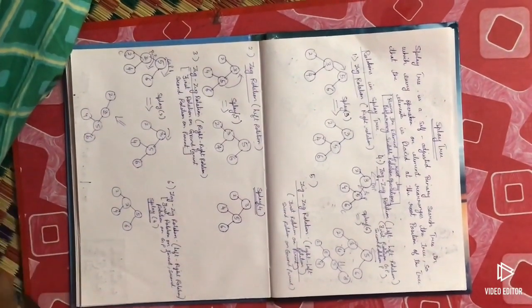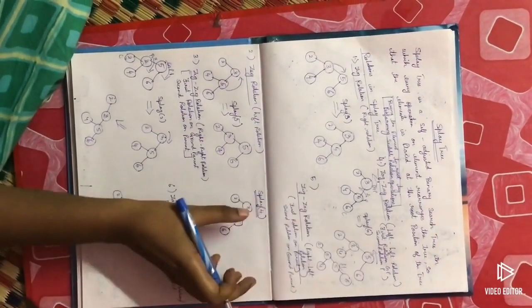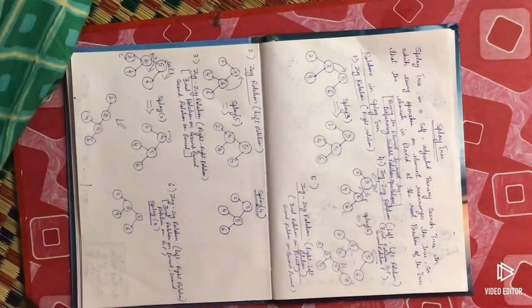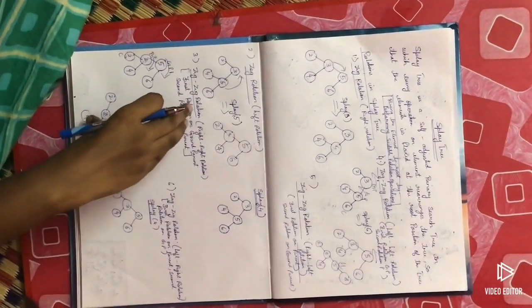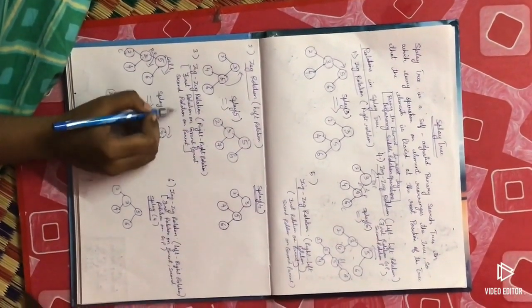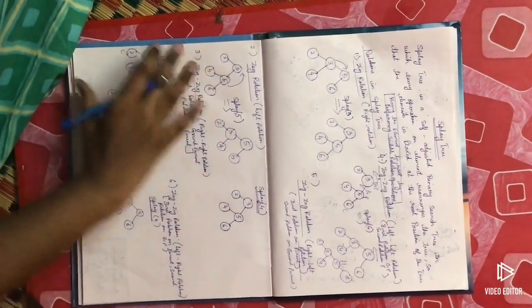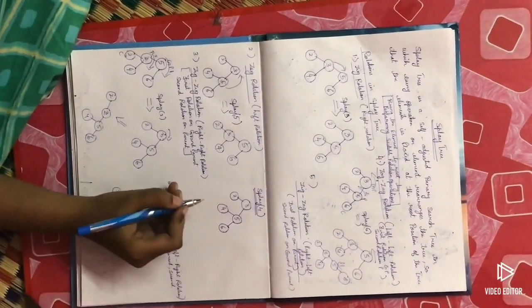So here there is a main difference between zigzag and zag-zag. The similarity between zigzag and zag-zag is first we need to rotate the grandparent, then we need to rotate the parent. So you keep this first in mind. Now you forget this, you go to the zigzag rotation.